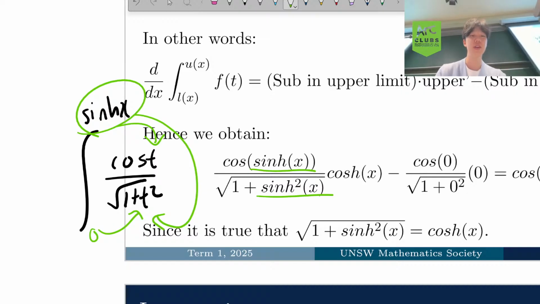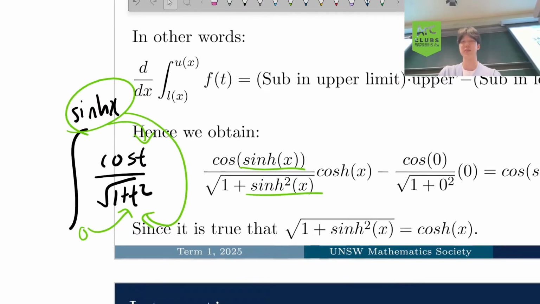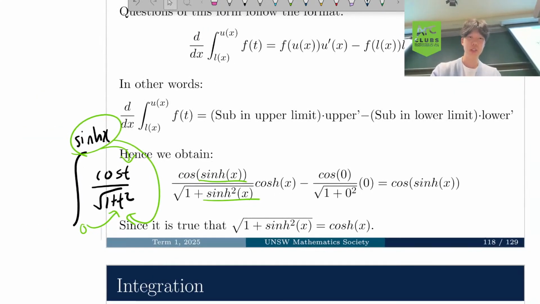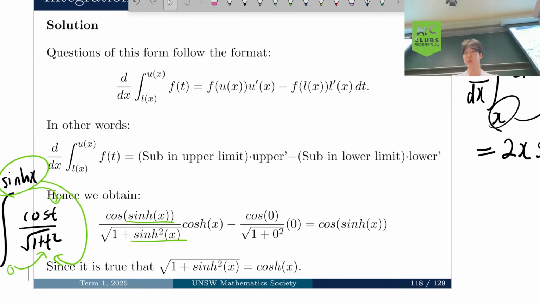So we subbed 0 into where t was. So minus cos 0 over root 1 plus 0 squared times 0. And we just get cos of sine of x, which is our original answer, same way we got. So this is just a neat little formula, I guess you can use.